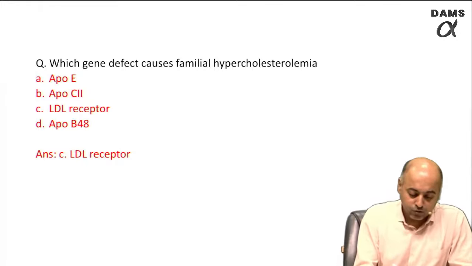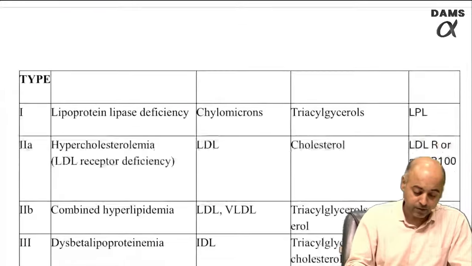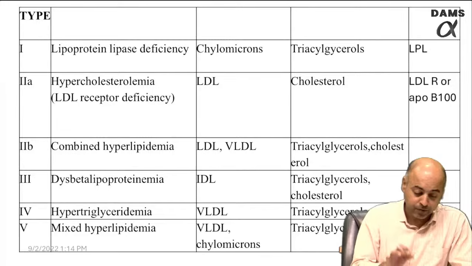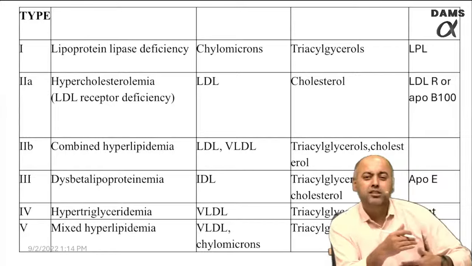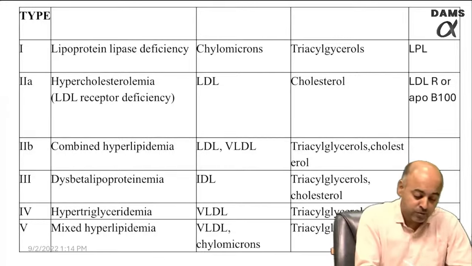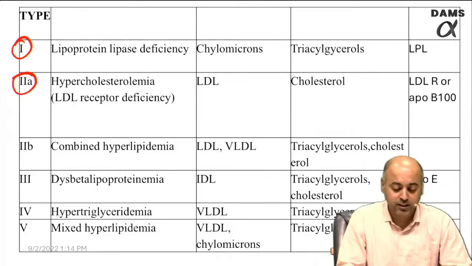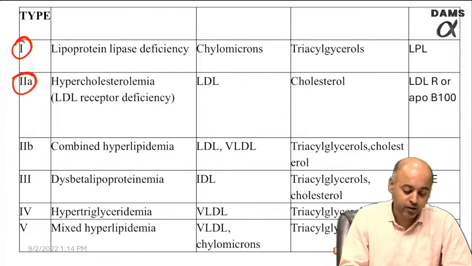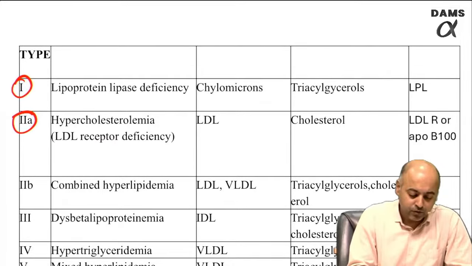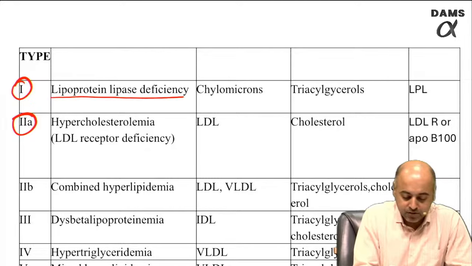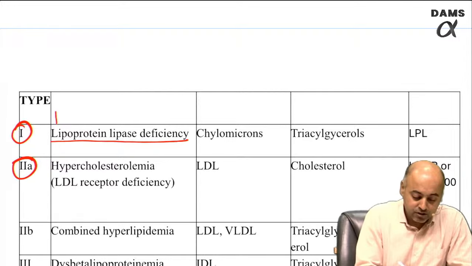Another common question is about the inherited hypercholesterolemia. The list is quite big, but the ones which you have to remember are type 1 and type 2. These are the two which are likely to land up in your exam. In type 1 we get to see lipoprotein lipase deficiency. Lipoprotein lipase deficiency can be due to three reasons.